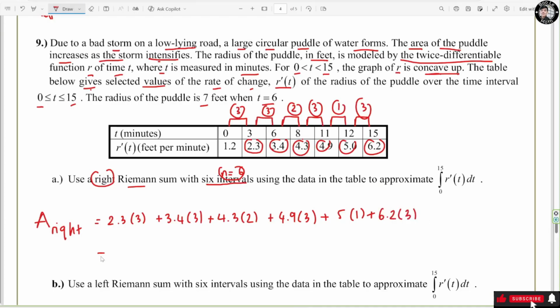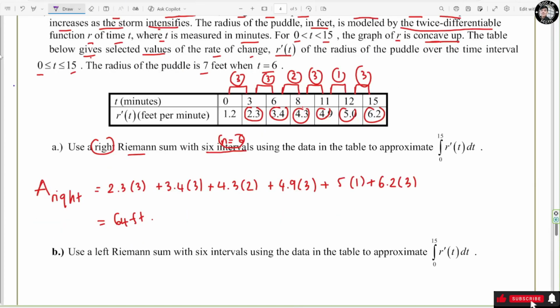So the answer must be 54 feet. Question B. We do exactly the same thing, but we're going to use the left Riemann sum, right?